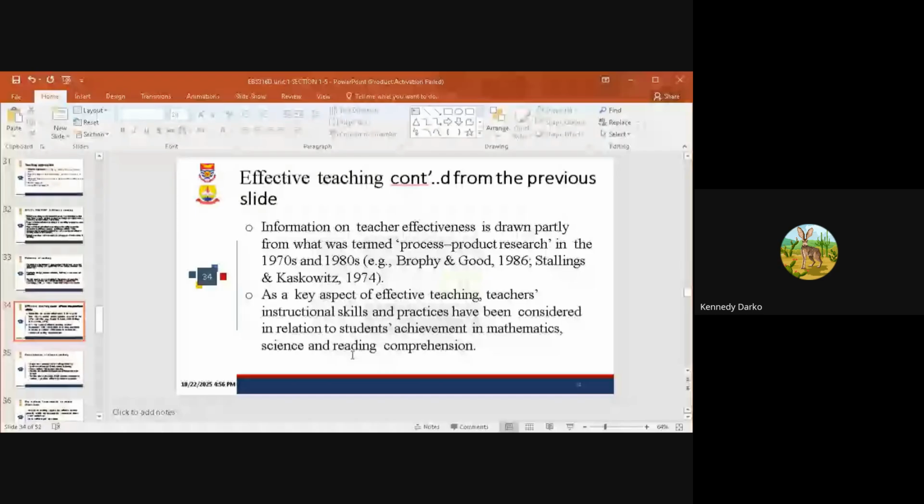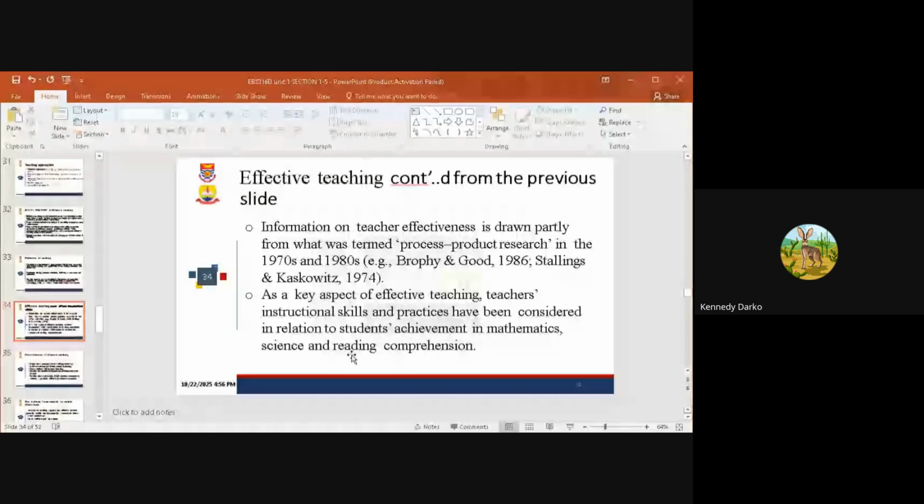Now, information on teacher effectiveness is drawn from what was termed process-product research in the 1970s and 1980s. Example, Brophy and Good, 1986; Stallings and Kaskowitz, 1974.